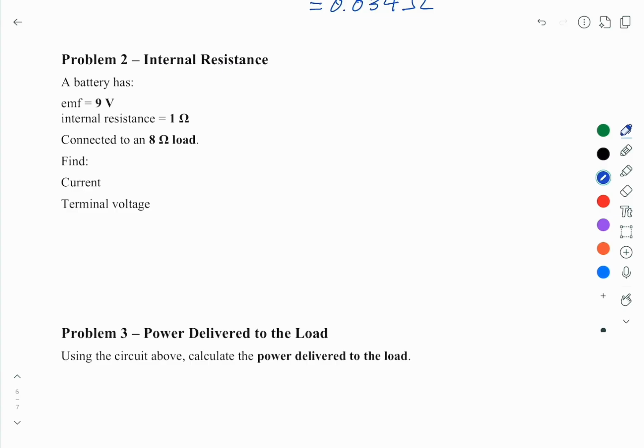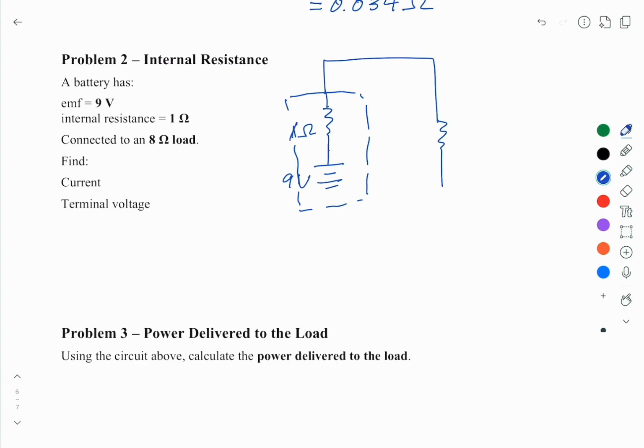Internal resistance: you have a 9 volt EMF, and the internal resistance is 1 ohm. This is for your battery, and this is connected to a load, and the load is 8 ohm, and you want to find the total current.